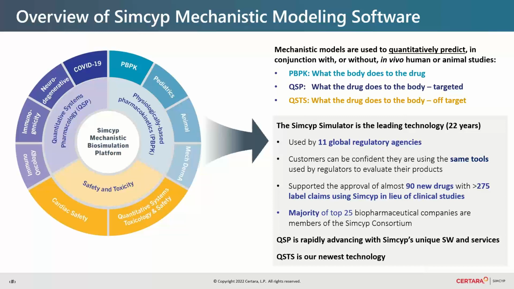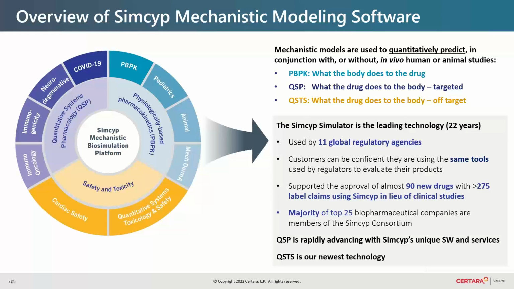So, an overview of Simcyp mechanistic modeling software. Essentially, we have three major functions.